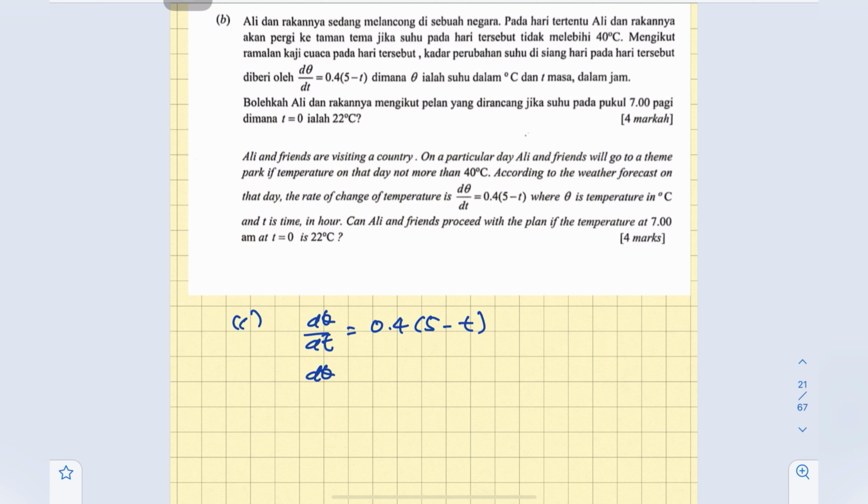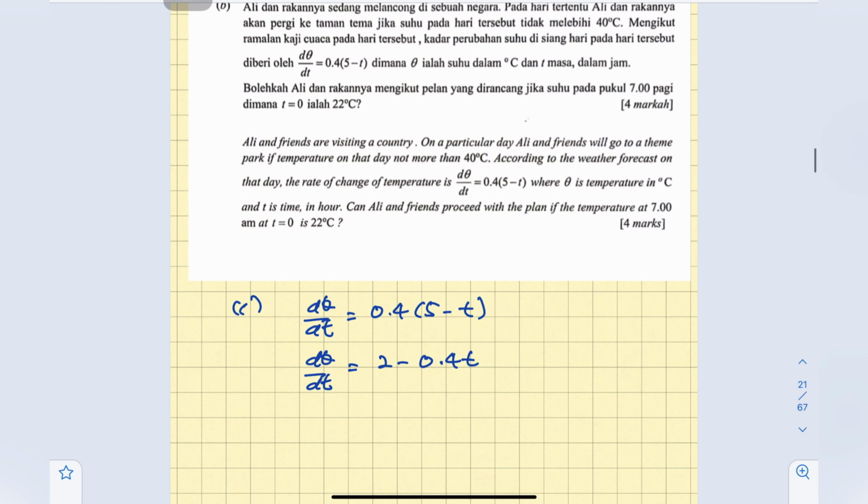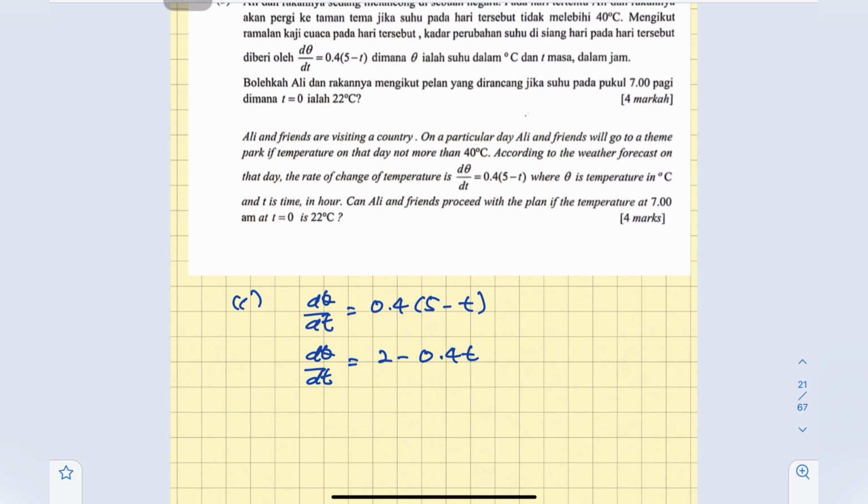We expand, and we get dθ/dt is 2 − 0.4t. From this rate of change of temperature, we can find the function of θ by integrating both sides with respect to t.